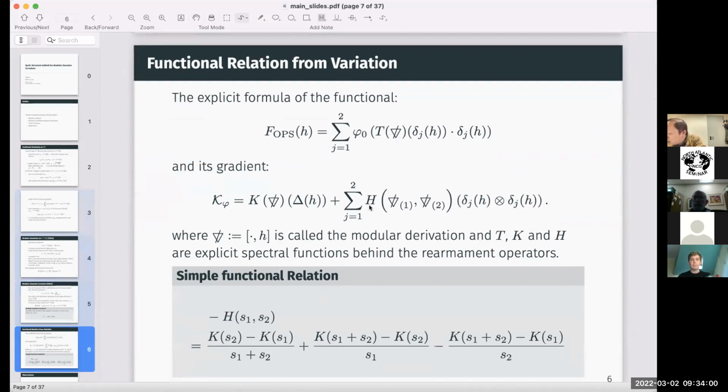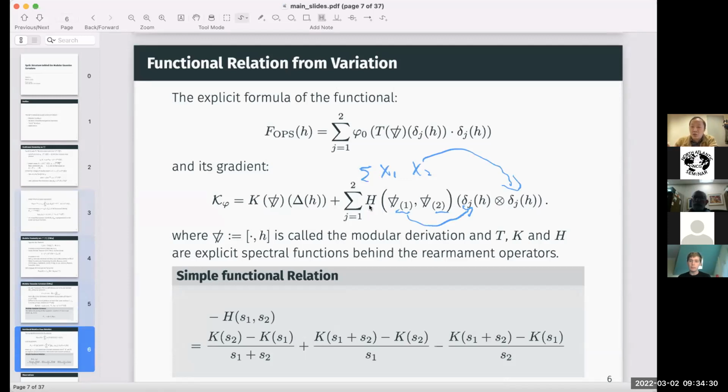Here 1 and 2 mean that I use formal variables like x1, x2, where x1 will act on here and x2 will act on here. These are the new ingredients in this modular curvature.